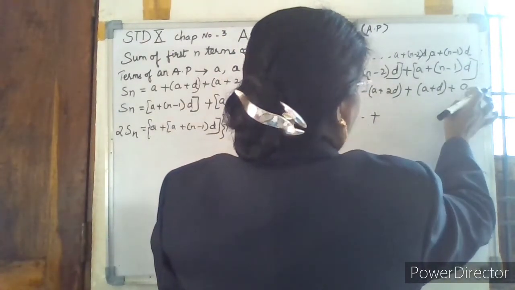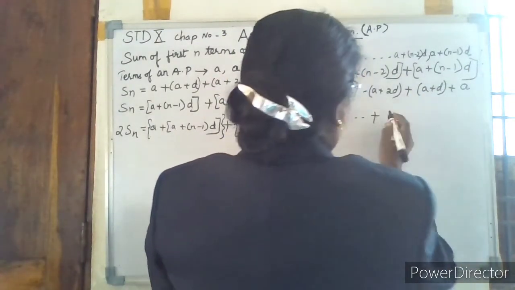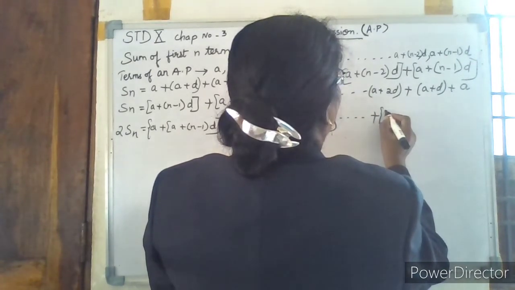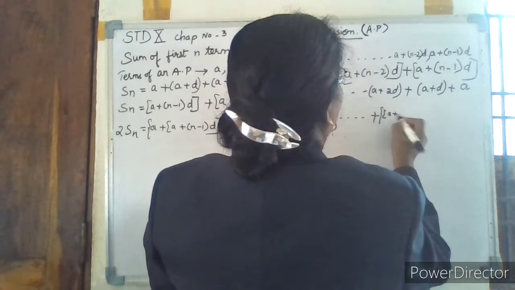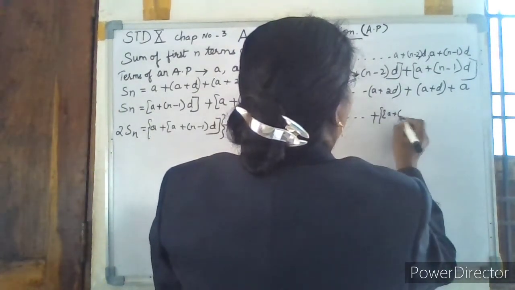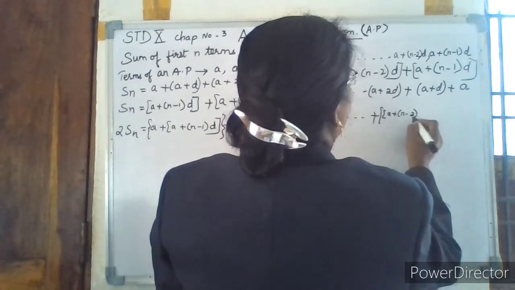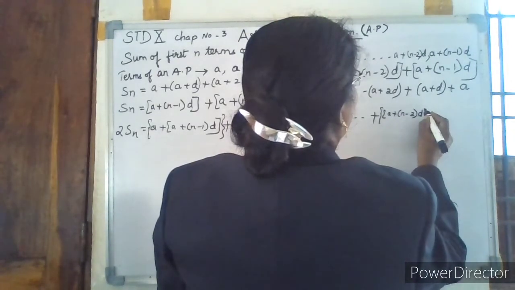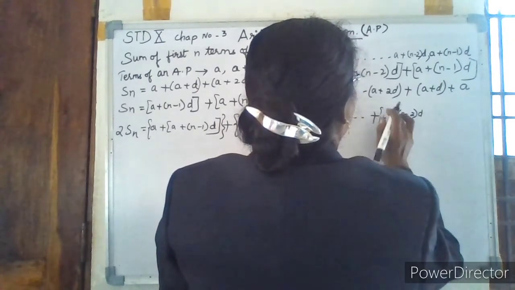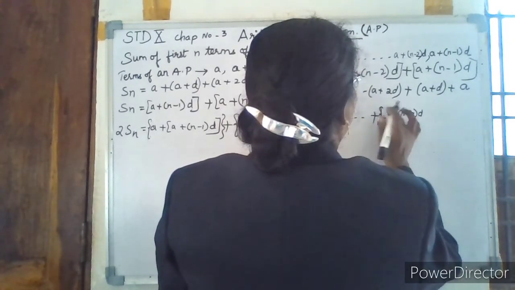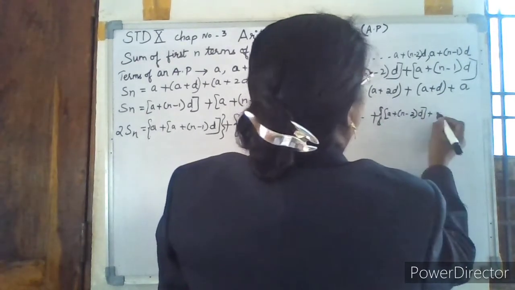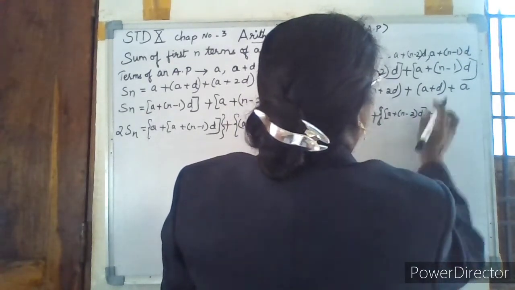So it is equal to a plus n minus 2 into d here, then plus a plus d, second one a plus d.